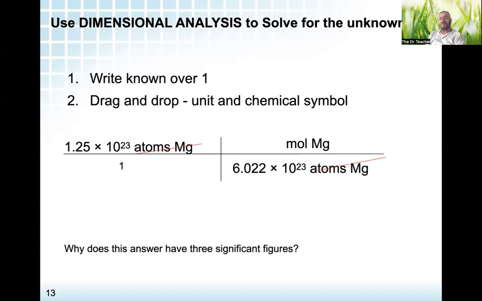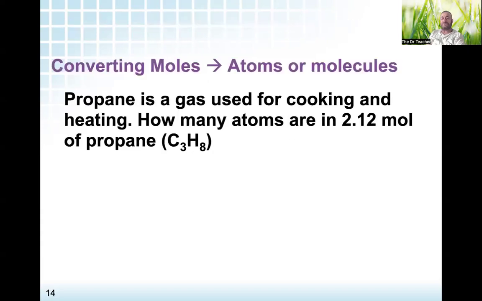Now you multiply and see the conversion.